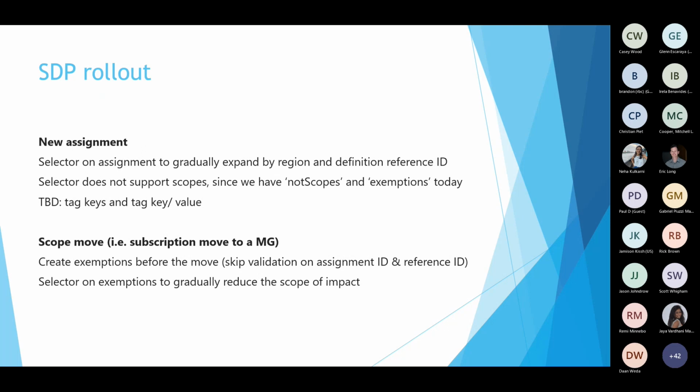So let's say that your initiative today has 11 policies in there. You don't want any additional policies that get introduced in that initiative to automatically be reflected onto your assignment. You could also specify specific definition reference IDs, so that you control when those policies get impacted.